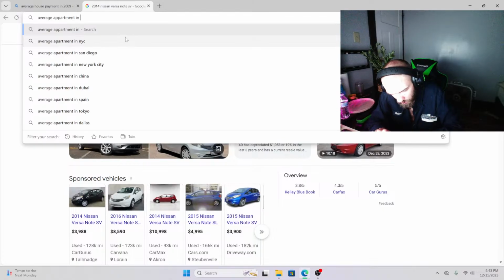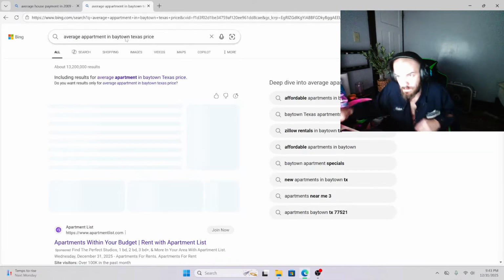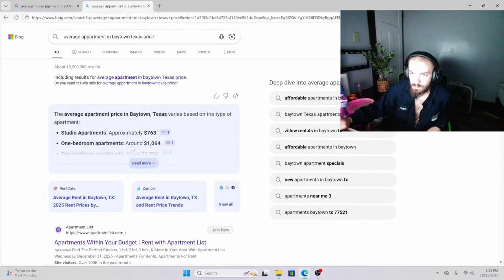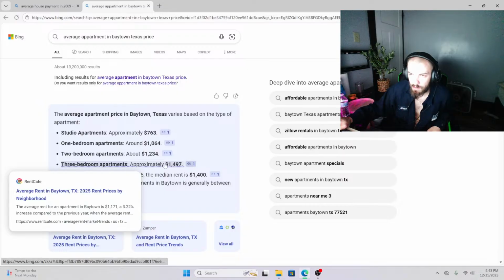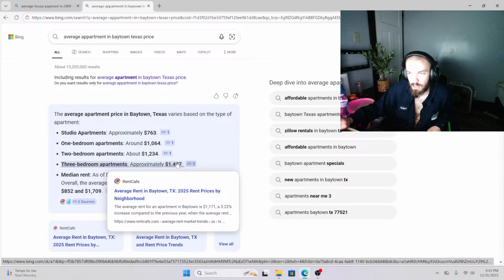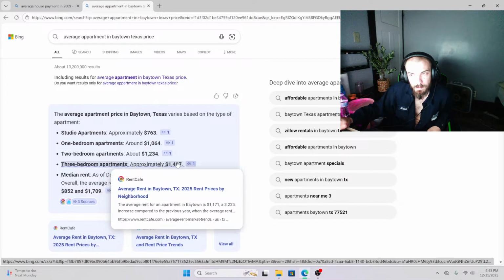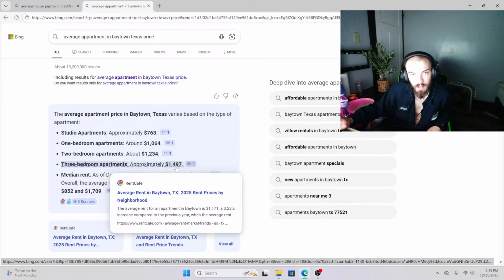Studio apartments, 1 bedroom, I think a 2 or 3 bedroom. You know what I was paying for it? About half that. I think it was like $800 a month.